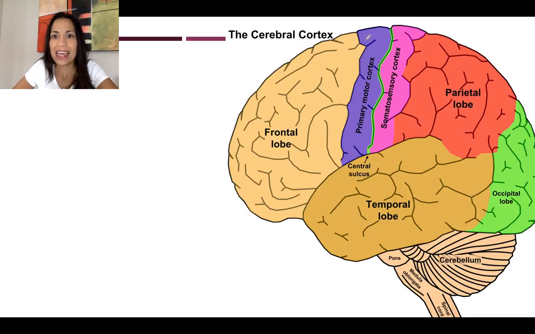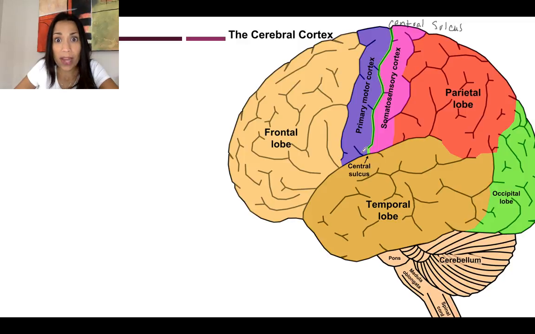video, are gyri. Okay, this green line right in here is the central sulcus, right? We just described that, the central sulcus, and it divides the frontal lobe from the parietal lobe. Now, remember, a gyrus is just one of those ridges or elevations on the surface of the cerebrum.